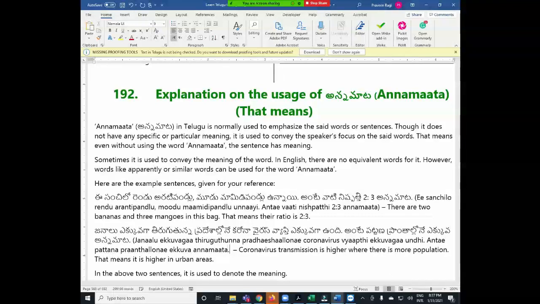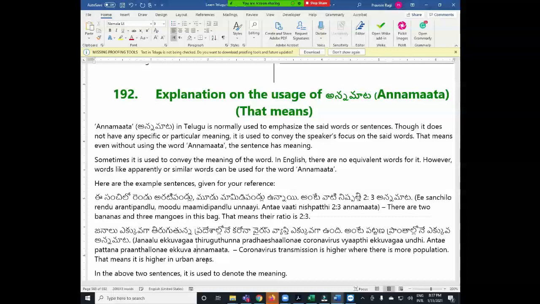So here we are emphasizing the previously spoken words using the word annamata. Here we have direct translation, that means we can use to translate annamata word.